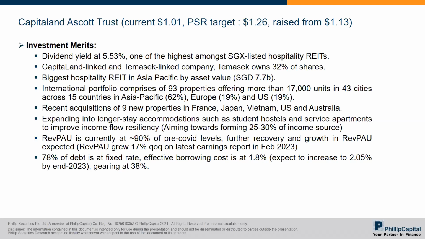They hope that these longer stay accommodations will form around 25 to 30% of their income source moving forward. And then RevPAR currently is almost at 100% of pre-COVID level. But if the recovery continues, RevPAR could exceed 100% of pre-COVID level.